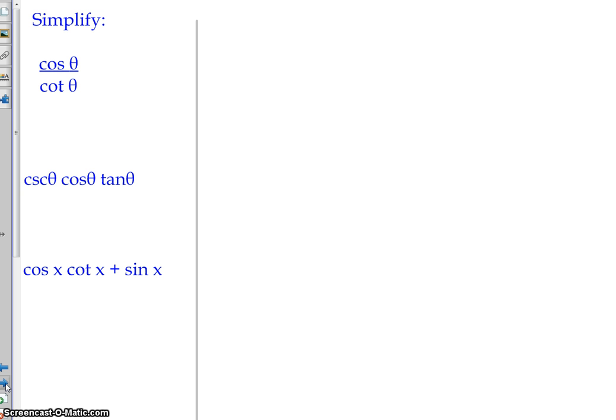The last type of question from this type of problem is where we're simplifying. My biggest hint: put everything in terms of sine and cosine. With my first problem, we really have cosine divided by cotangent. This is already in terms of cosine and sine, and we're dividing by cotangent, which I'm going to write as cosine over sine.